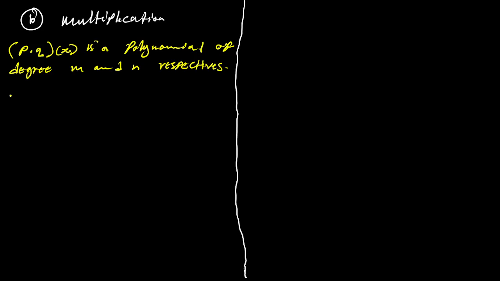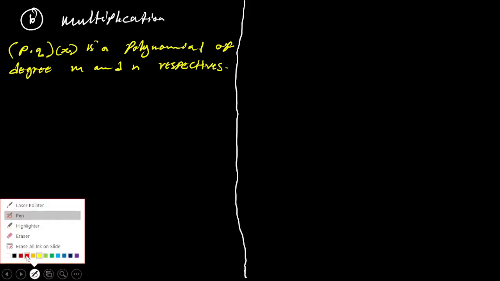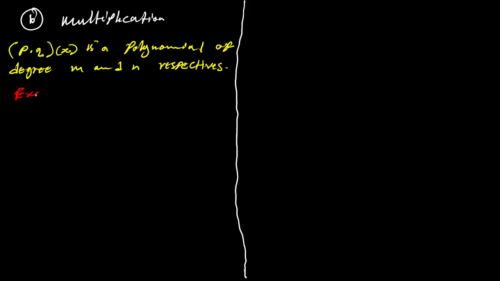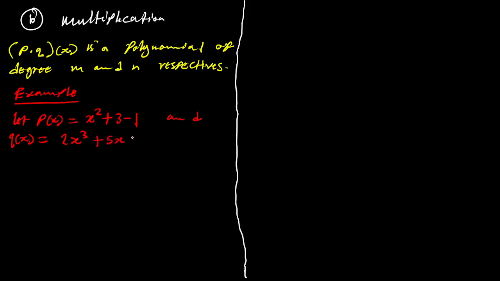So we are now going to say examples. So let's quickly look at the example. In this example, we can simply say, let p of x be equal to x squared plus 3x minus 1, and let q of x be equal to 2x cubed plus 5x plus 3.